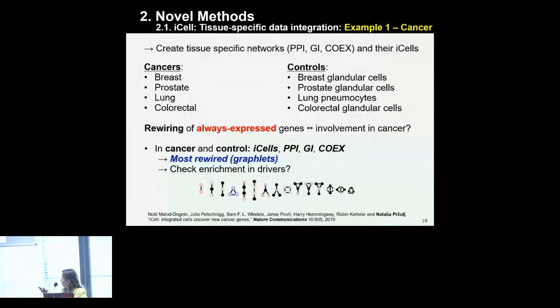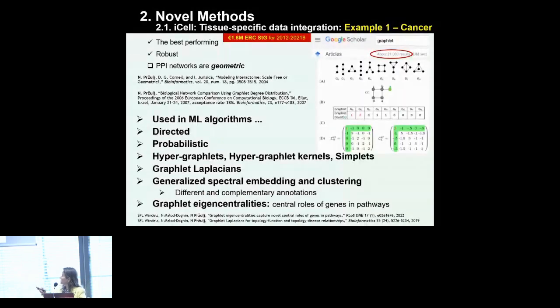in each of these data types: PPI, GI, COX, and I cells. We examined that between cancer and control using graphlets. Graphlets are the result of my starting grant that finished right before my ERC consolidator. They're still the best performing and robust. We showed very early on that these networks are geometric, and now we've seen all this geometry and embeddings, but we were one of the pioneers there.